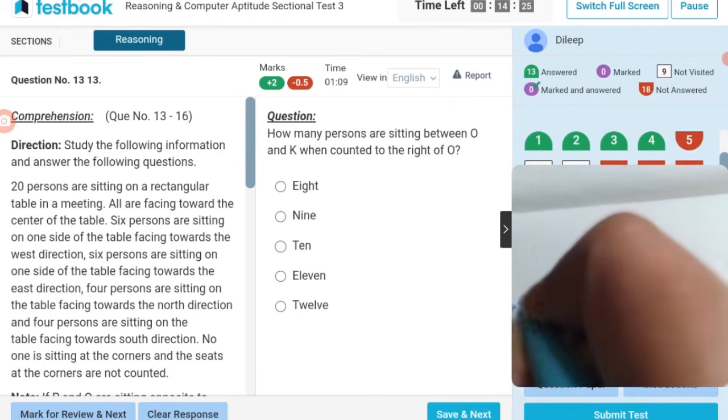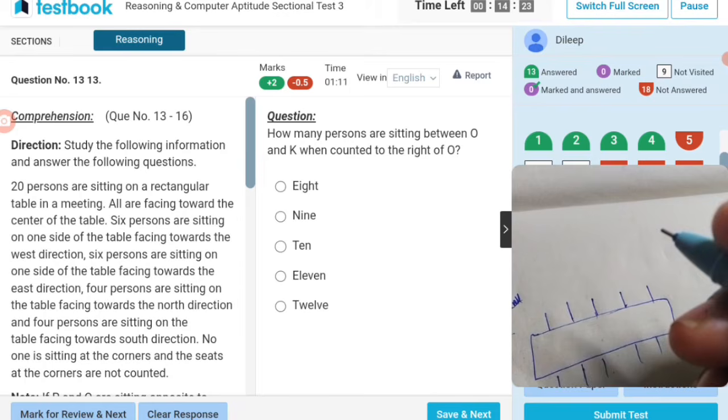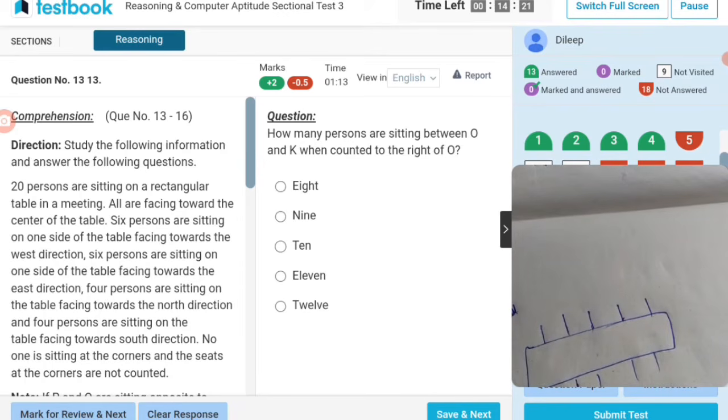And right. 4 persons are sitting on the table.